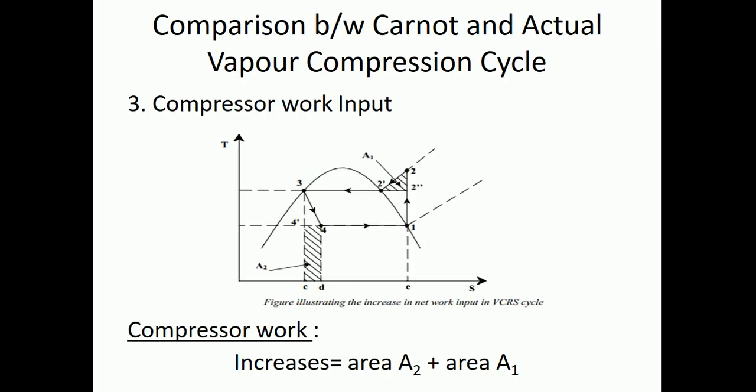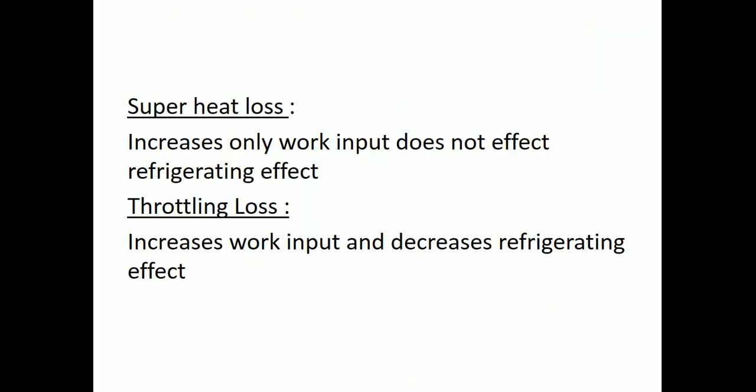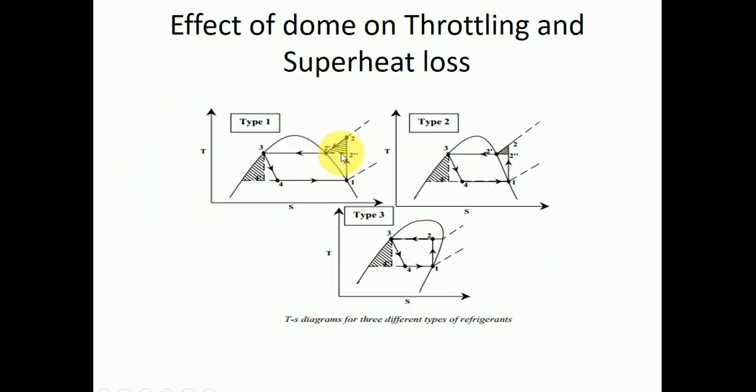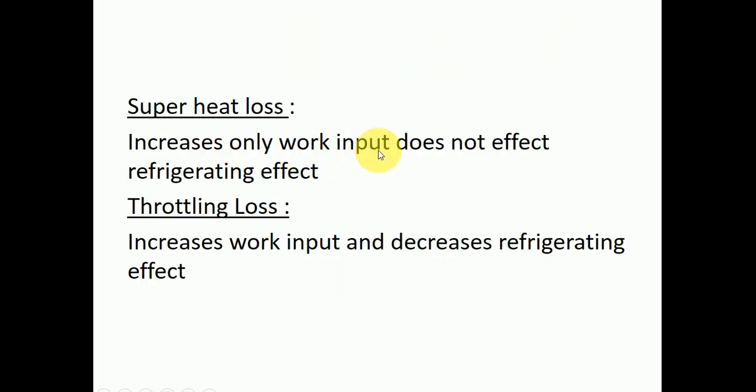So we have now superheat loss and throttling loss. Superheat loss means that the increase only in work input does not affect the refrigerating effect. What we are saying is that there are different types of refrigerator dome, but I will explain only the first type. The superheat loss, we can say desuperheating, is this 2 to 2 dash or 2 double dash to 2 dash, which increases only the work input.